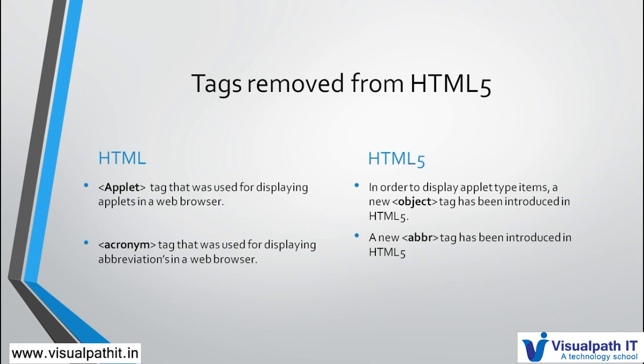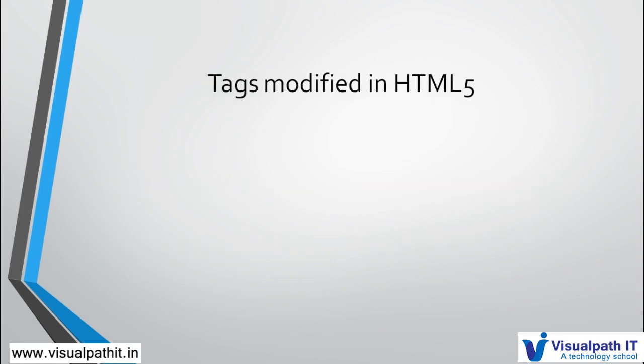In HTML4, the acronym tag was used for displaying abbreviations in a web browser, whereas in HTML5 a new tag, the ABBR tag, has been introduced. Now we'll learn about modified tags in HTML5.